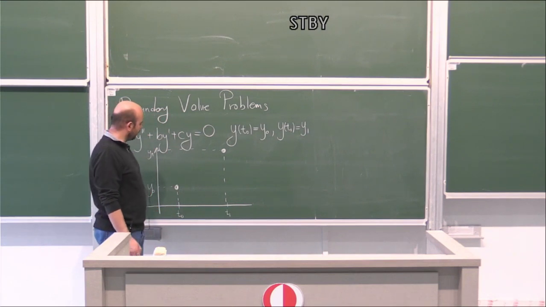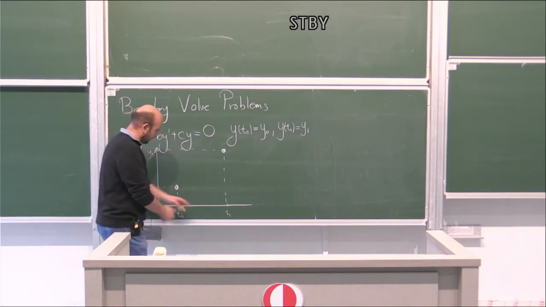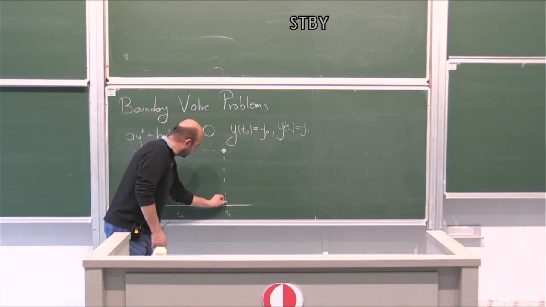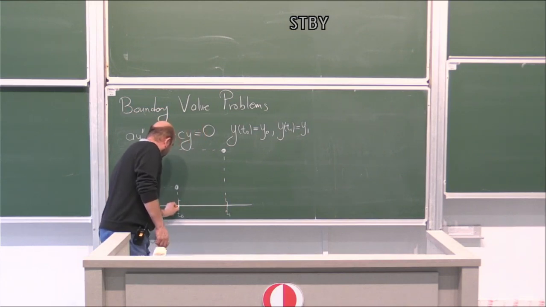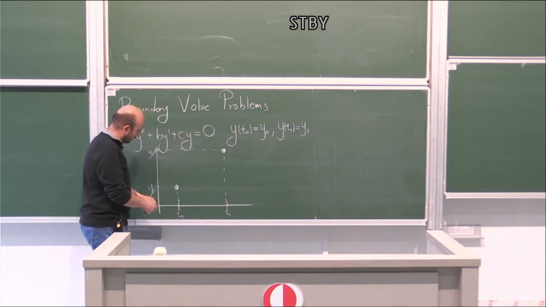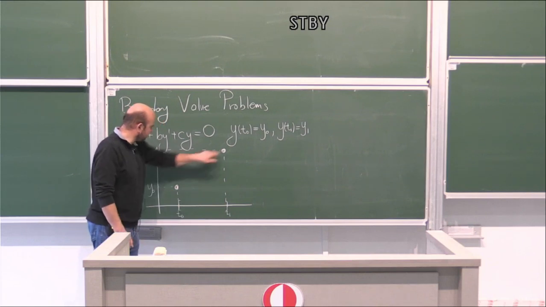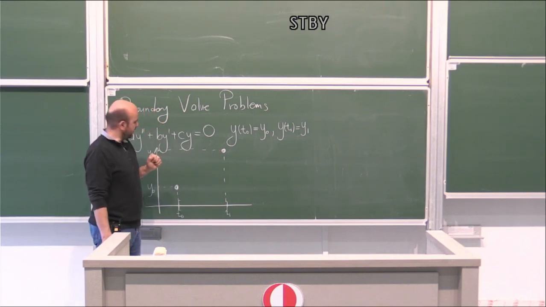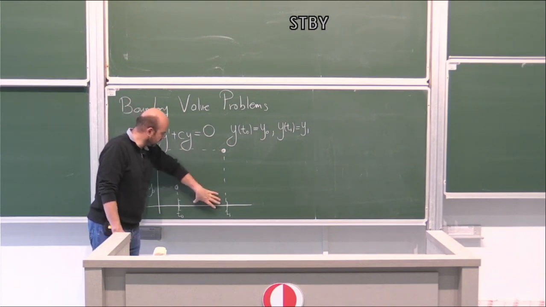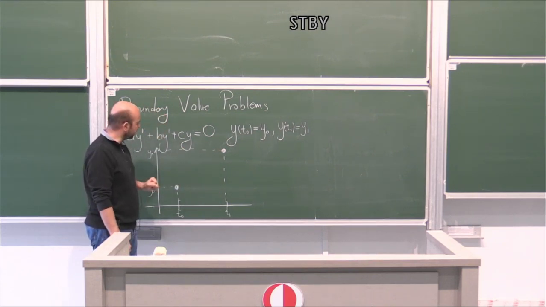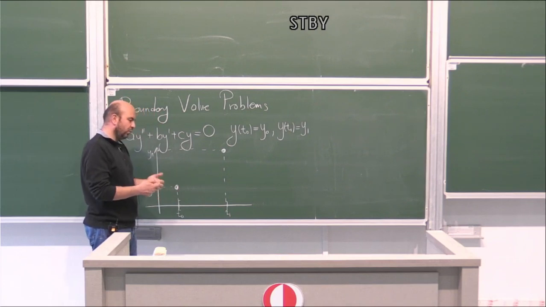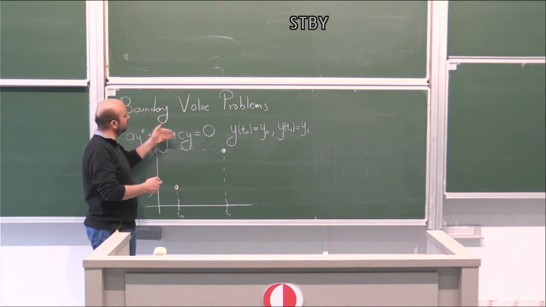So your domain you can think of as between t0 and t1. On the boundary I'm specifying the values, and I'm leaving the mid part, the open interval. How will I fill it? According to the given differential equation.